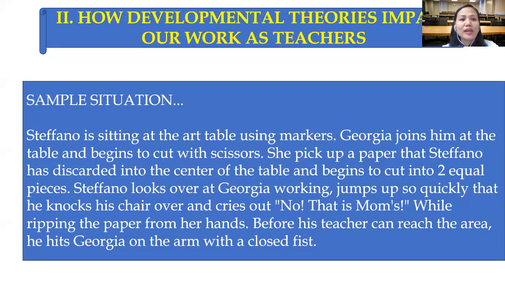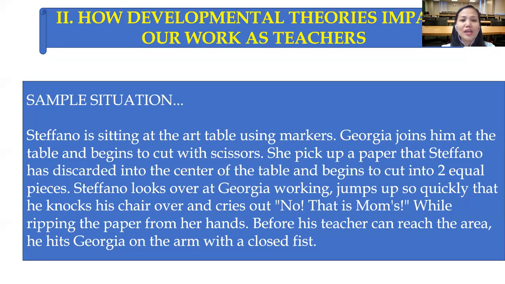Next, we have another topic, how developmental theories impact our work as teachers. Based on the different theories about human development in our past modules, we may use this example to clarify the connections. Okay, let's read the sample situation.